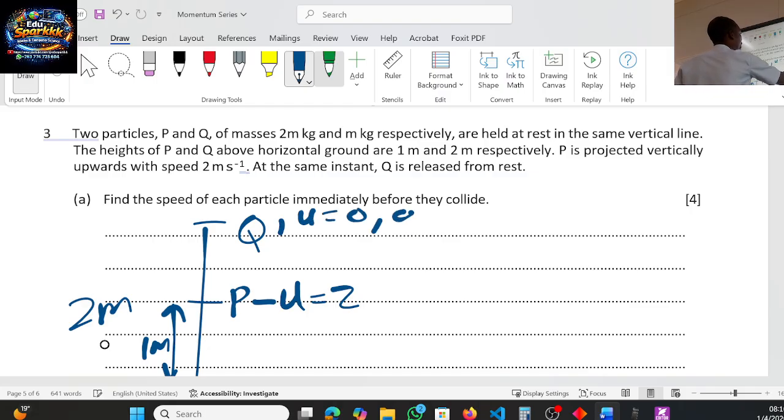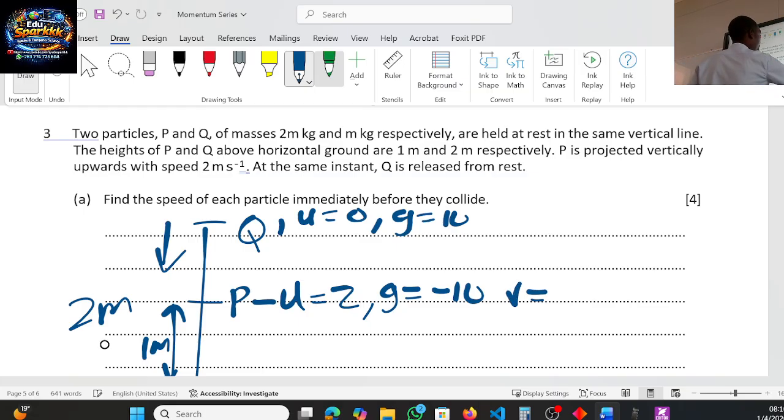Free falling, g is 10, and here g is negative 10, since it acts against the motion upwards. If we treat upwards as positive, then Q's free fall will be negative, so that's negative 10.